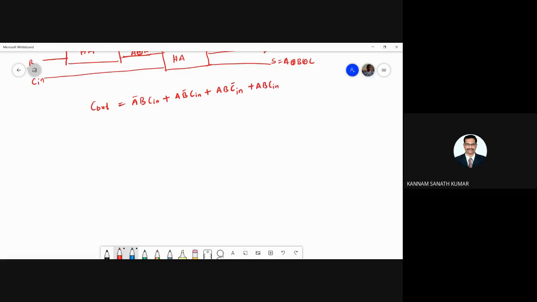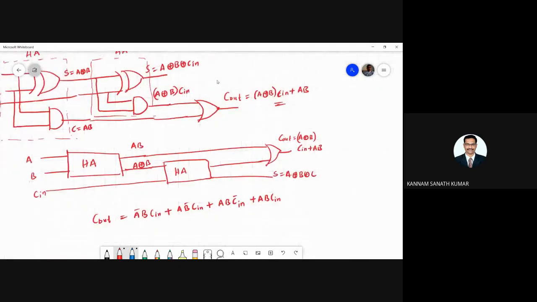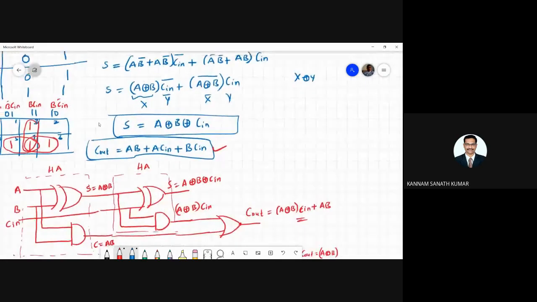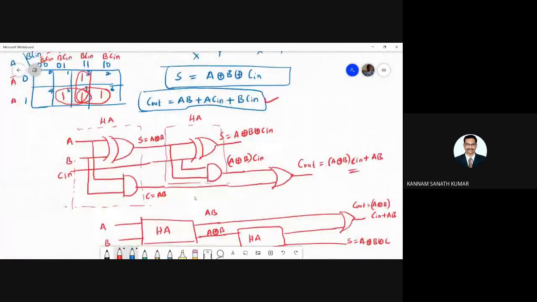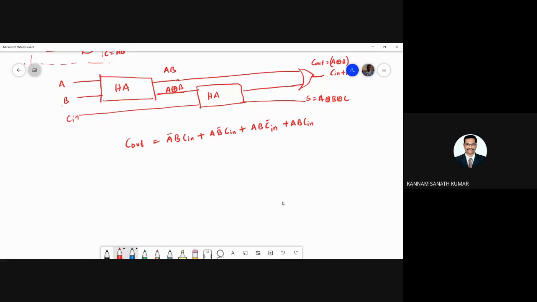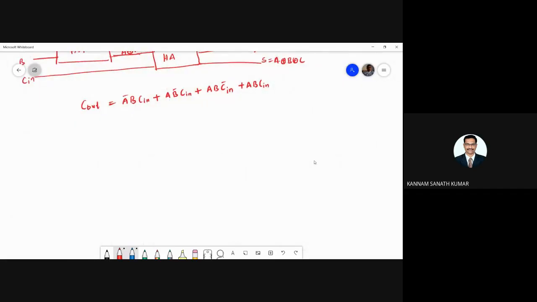Okay, so wherever in the truth table the one is there in the carry out, I have written the expression, without using the K map. If you combine this and realize it, you will get this expression: AB plus A XOR B into Cn.